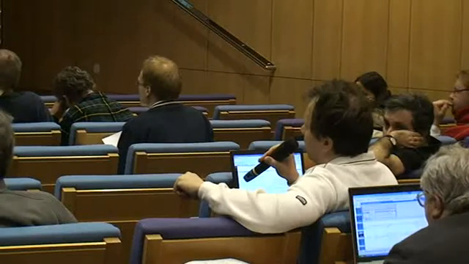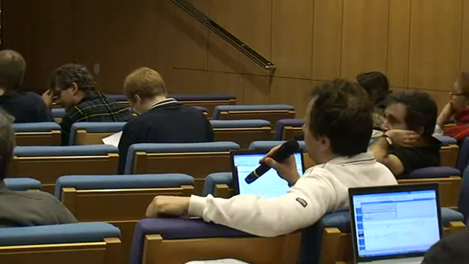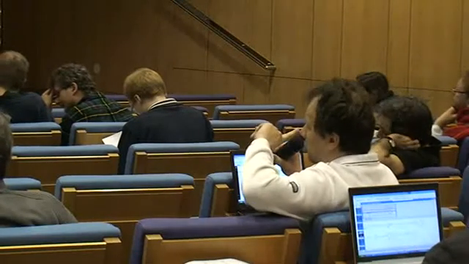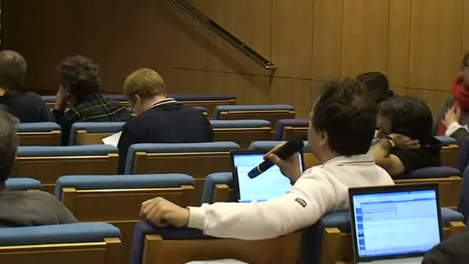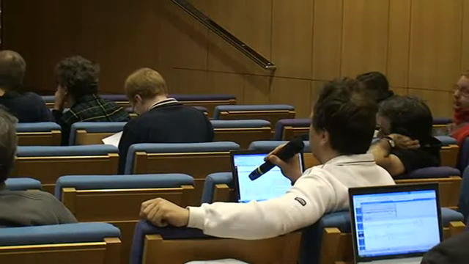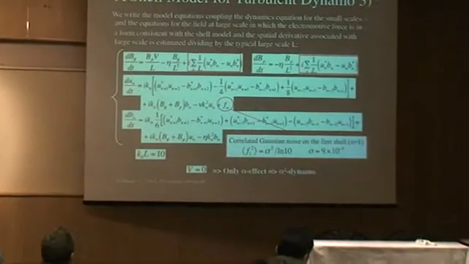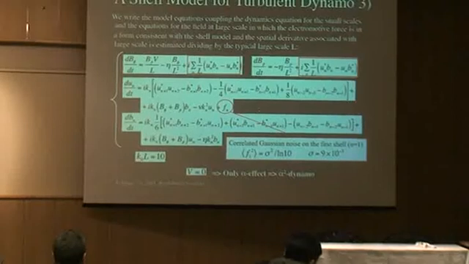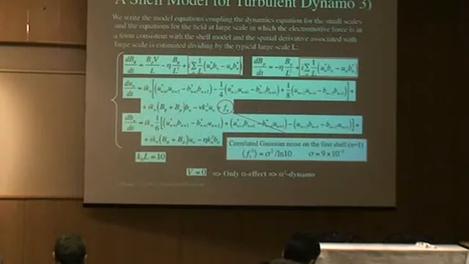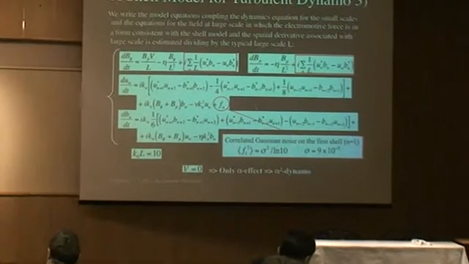Yes, in fact, I made different simulations changing this parameter. Right now it is equal to 10. This describes the scale separation, because K0 is the typical small scale and capital L is the typical large scale. There is some difference between the simulations, but I didn't have time to show it.